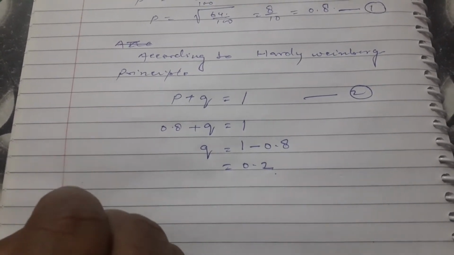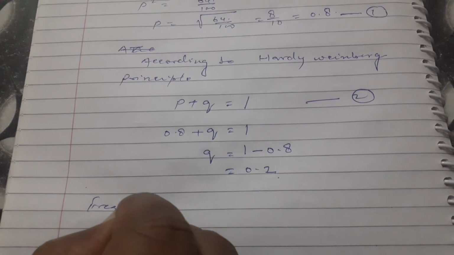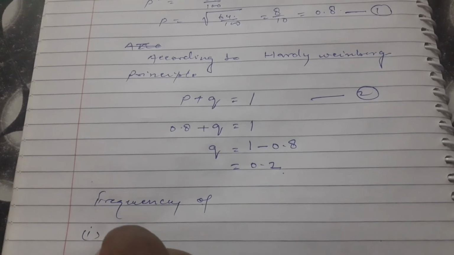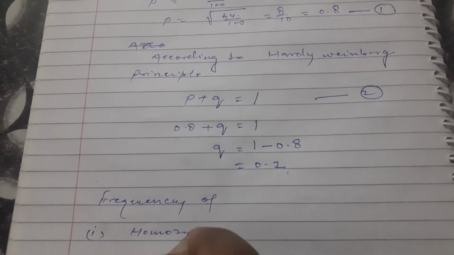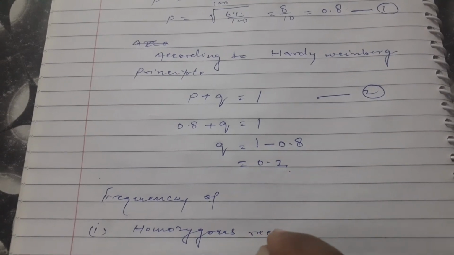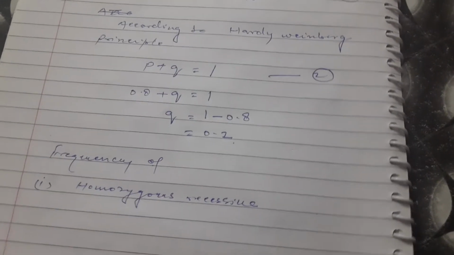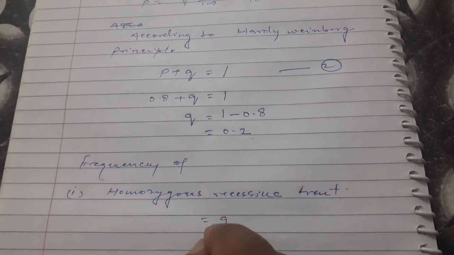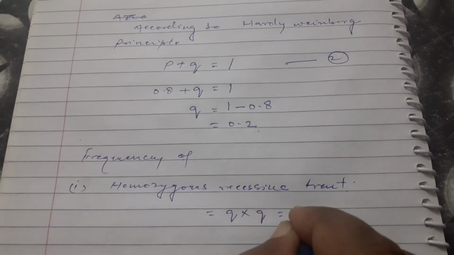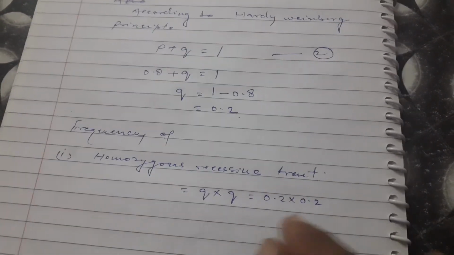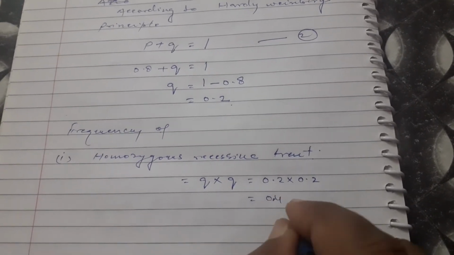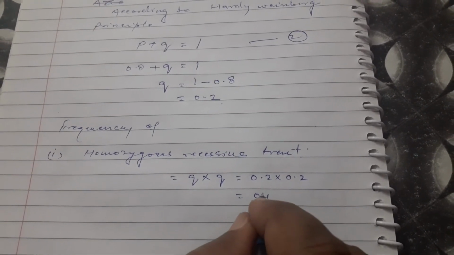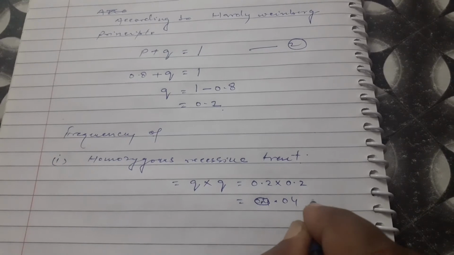So then the frequency of homozygous recessive trait is Q into Q is equal to 0.2 into 0.2 equals 0.04. 0.04 equals 4%.